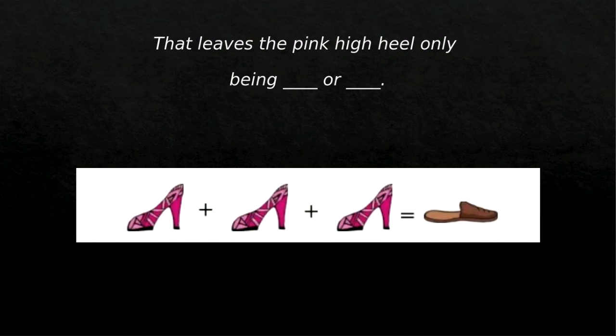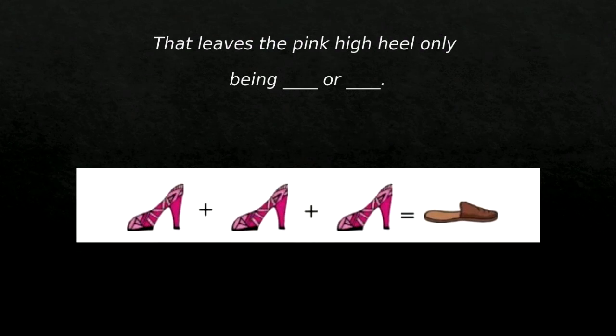What number can I add 3 times to get 9? What is 3 plus 3 plus 3? Yeah, 3 groups of 3 is 9. So the pink shoe could be 3. But you see that sentence at the top? It says it can be 2 different numbers. What other number could the pink shoe be?